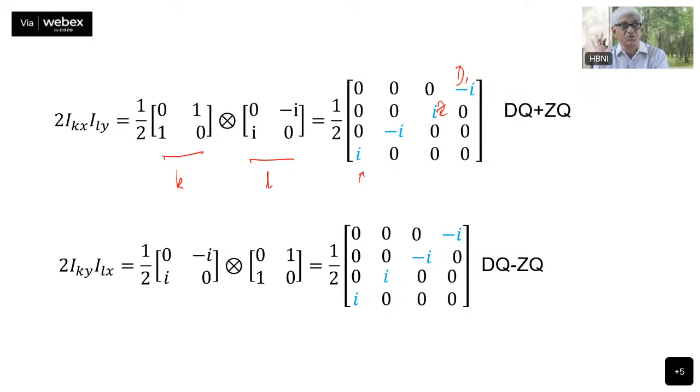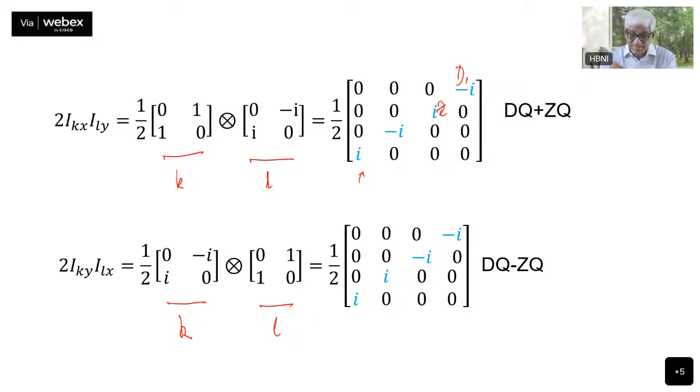These elements are non-zero. Now if I take 2 IKY ILX, I have to do a K here. This is K and this is L. The things are interchanged there: 0, minus i, 0, 0, 1, 1, 0. What do I get here? 0, 0, 0, minus i, 0, 0, minus i, 0, 0, i, 0, 0, i, 0, 0, 0.